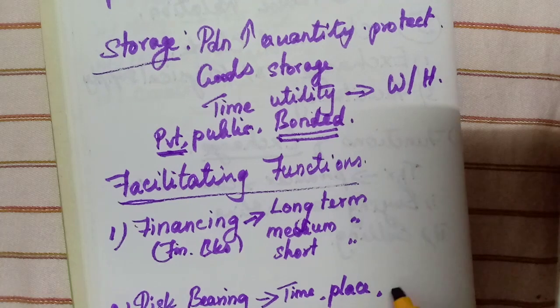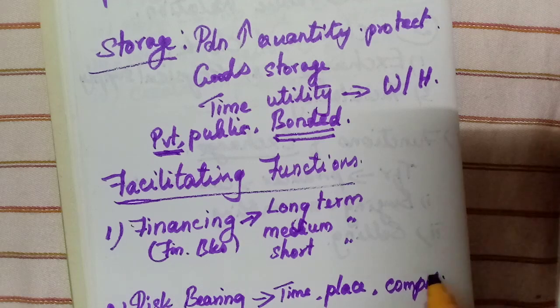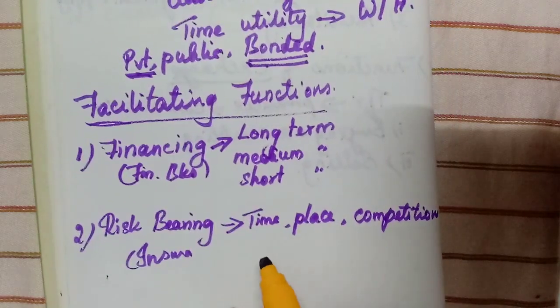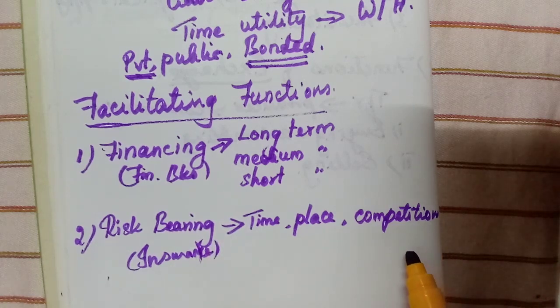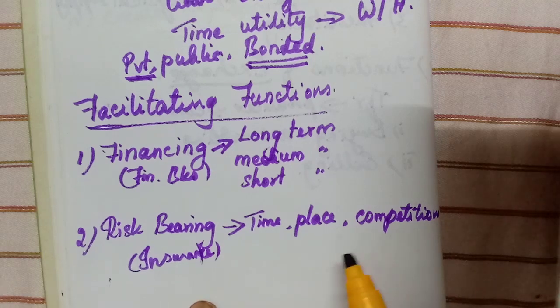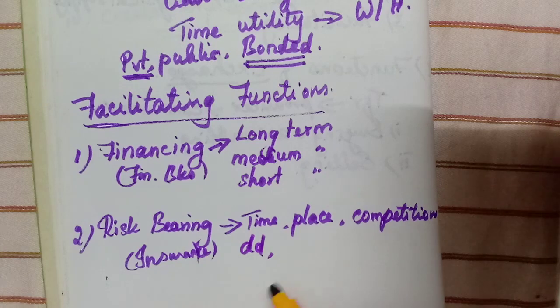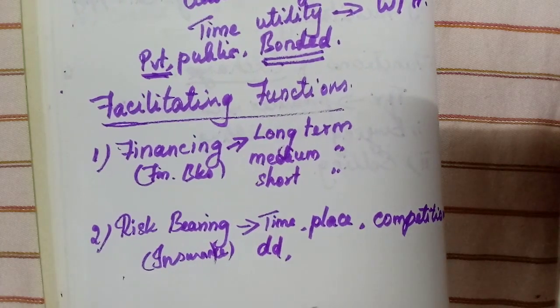Then competition risk. They may produce some goods without the knowledge of the competitors, but the same type of goods are produced by the competitors, then their goods are sold in large quantities, then we will suffer, isn't it? So competition risk is there. Then risk of change in demand. All of a sudden the demand may vary.